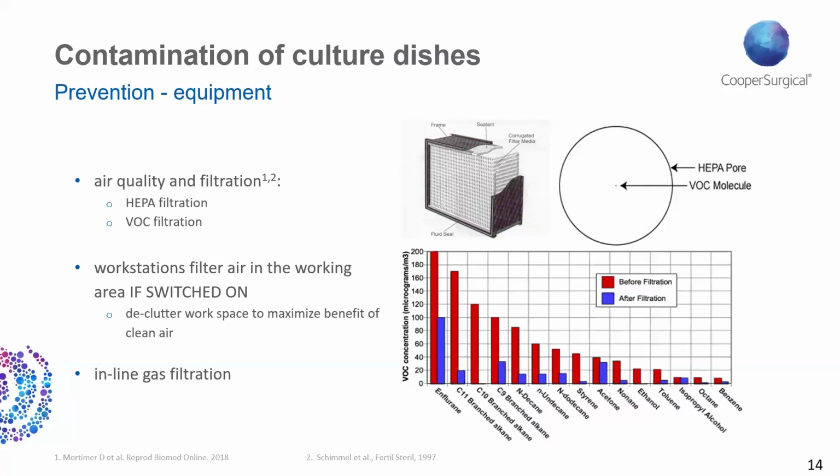Regardless of the grade that you buy, the way that the cylinders are filled and processed always leads to some contamination. And in the bar graph on the right, you can see before and after filtration with an inline filter that the inline filters are very efficient, with the exception of acetone, very efficient at removing VOCs.